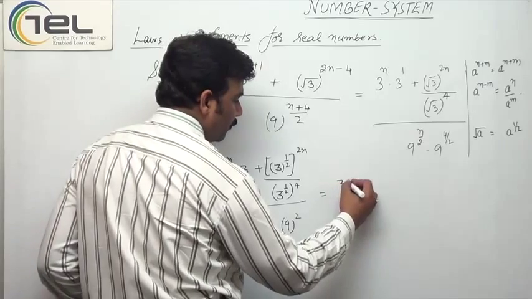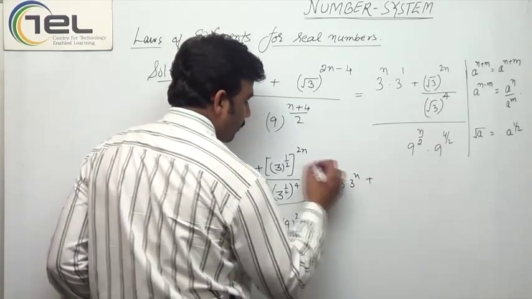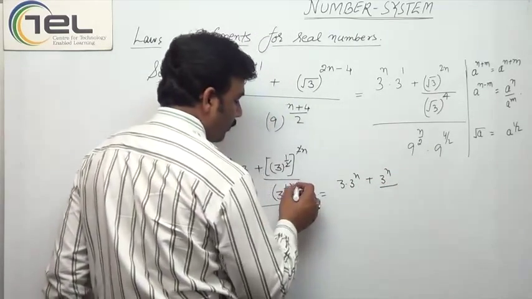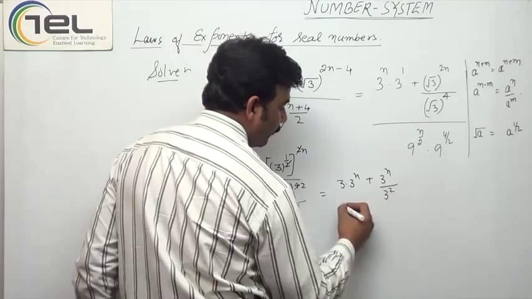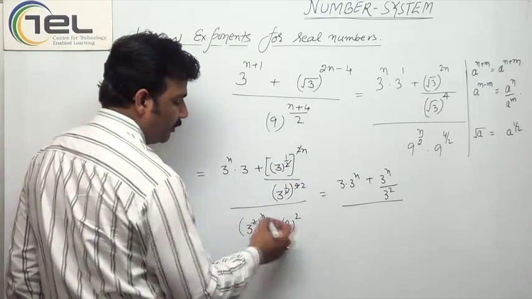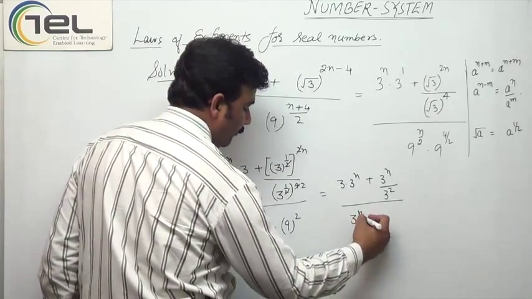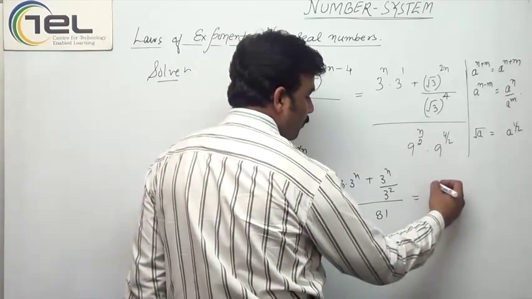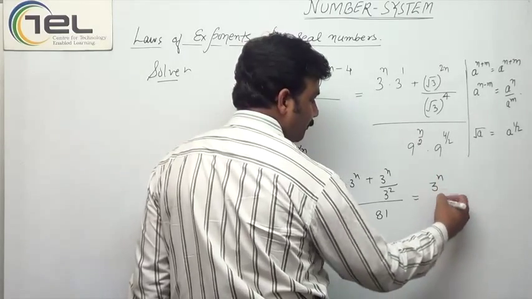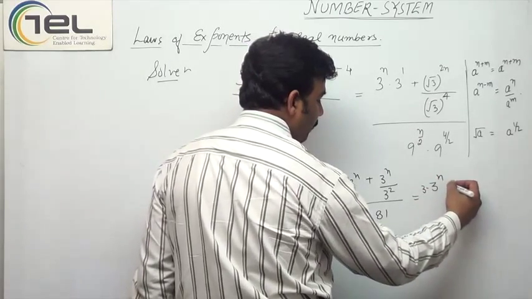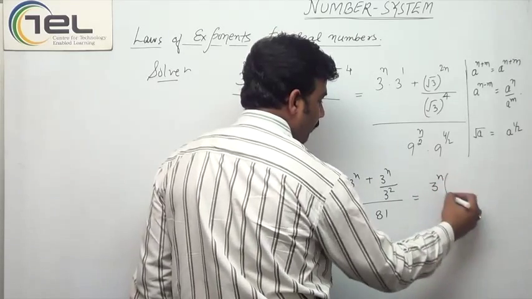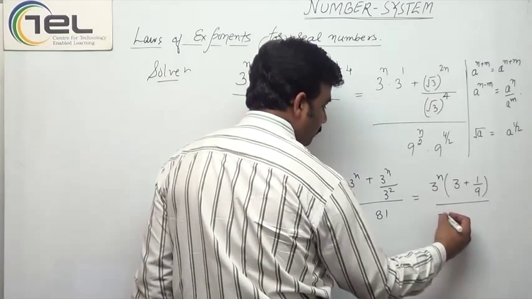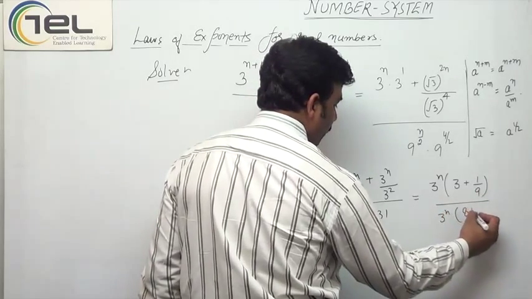So it is 3 times of 3 raised to the power n plus this will be cancelled, 3 raised to the power n upon this is 2, 3 square upon this will be cancelled, 3 raised to the power n into 81. This will be equal to 3 raised to the power n, I will take common here, 3 times (3 plus 1 by 9) upon 3 raised to the power n into 81.